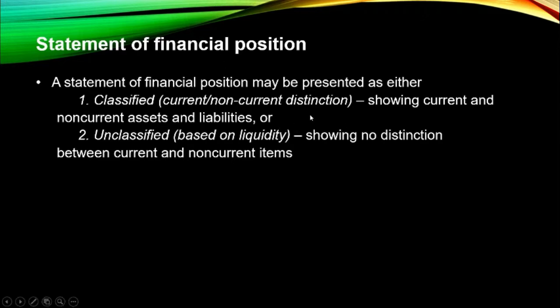For Part 1, we have the assets. For Part 2, we have the liabilities. I hope you understand and you know the classifications of all of those assets and liabilities that may be presented in your financial position, whether current or non-current. For unclassified, with no distinction, then you just present it as you want to present.